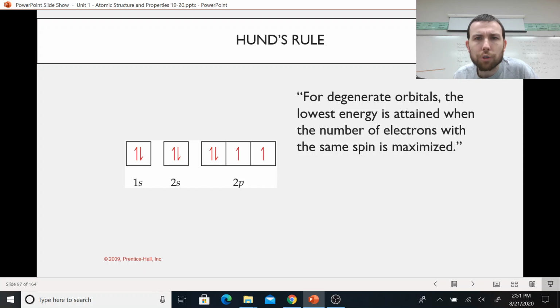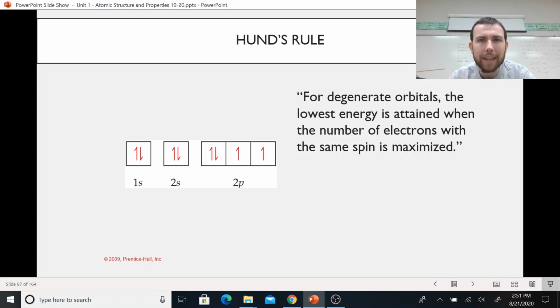I just want to draw your attention to the 2p orbitals in this particular element's electron configuration. You've got 1, 2, 3 p orbitals that are present. Now, this diagram doesn't show it, but the energies of this p orbital and this p orbital are the same. They're not different.